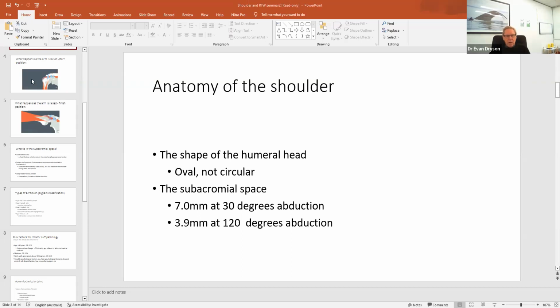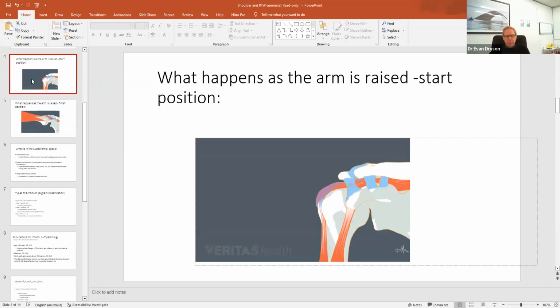So if we can go to the first picture there. Now that's just a diagram of the shoulder joint. I don't know whether people can see, but above the humerus is a small white area, just above that. Yes, right there. And that is called the acromion.